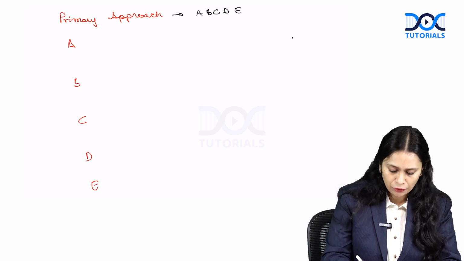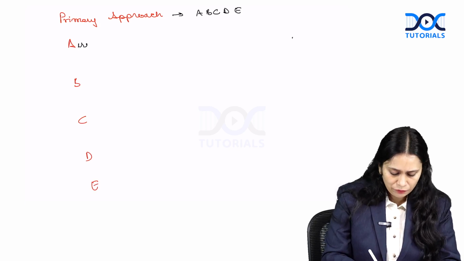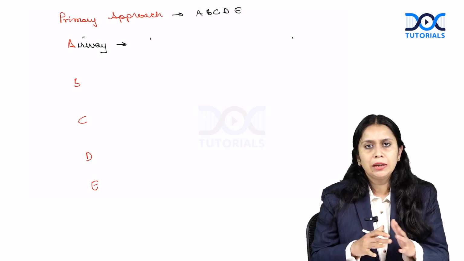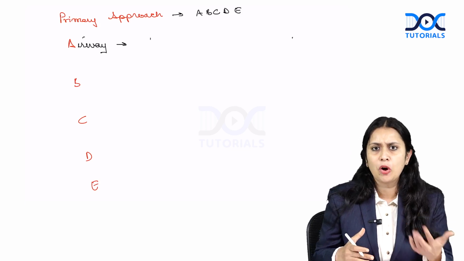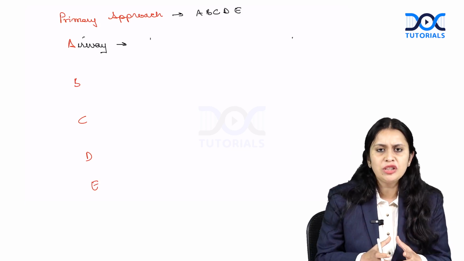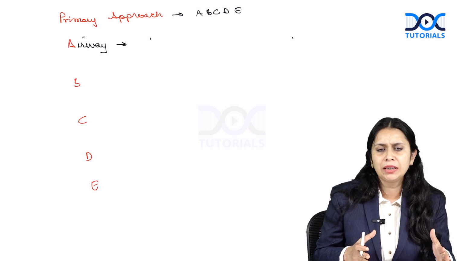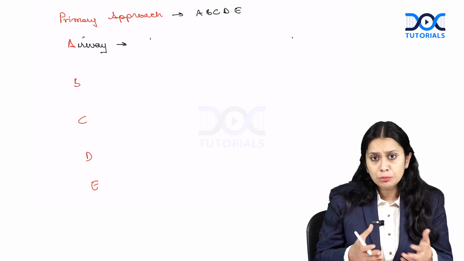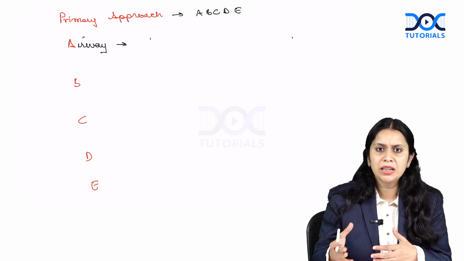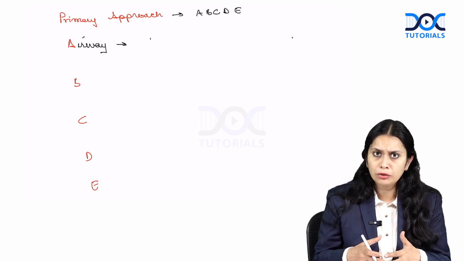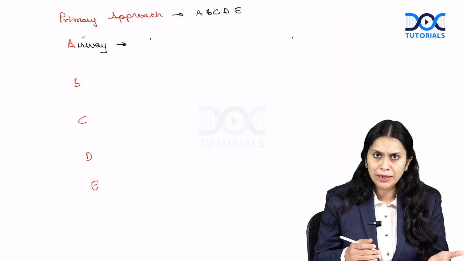Now A stands for airway. When we see the patient, we need to look for any signs and symptoms indicating airway compromise. Because if the patient's airway is compromised, obstructed, or unprotected, then there is a risk of immediate death if we do not intervene.